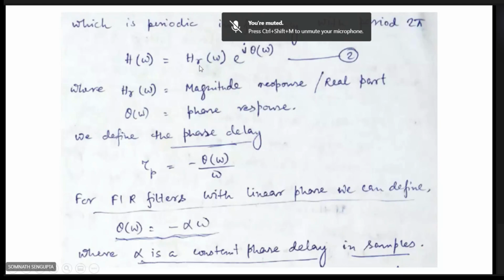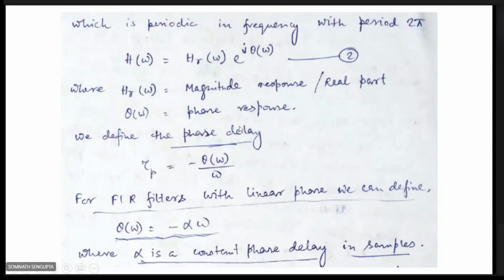That is described here: H_r(omega) is the magnitude response and theta(omega) is the phase response. Now, what is phase delay? Theta is equal to alpha omega, as we have seen. Alpha is theta by omega. It may be positive or negative. If the phase is linearly increasing, then theta is equal to plus alpha omega.